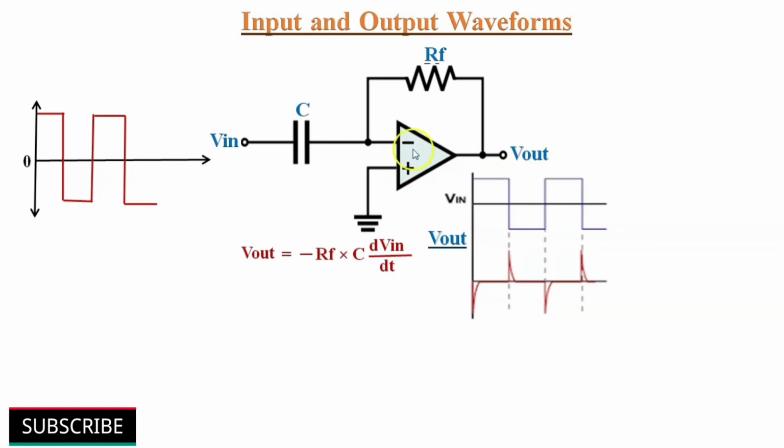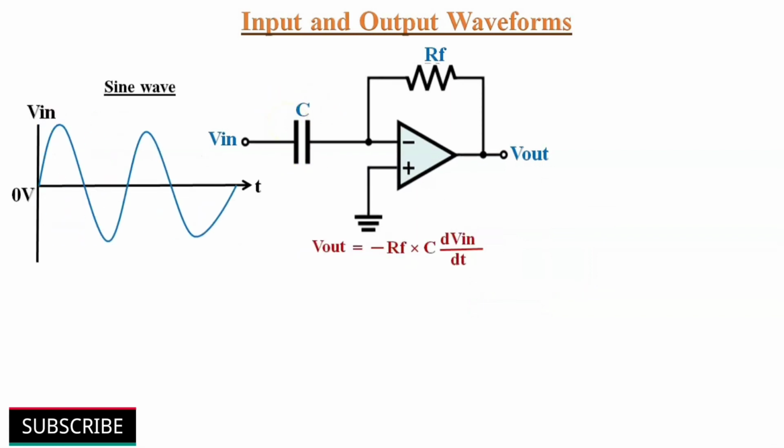Because of the inverting action of the op-amp circuit, the positive rising edge of the input signal causes a negative spike at the output, and the negative or falling edge of the input signal causes a positive spike at the output, corresponding to the charging and discharging of the input capacitor.